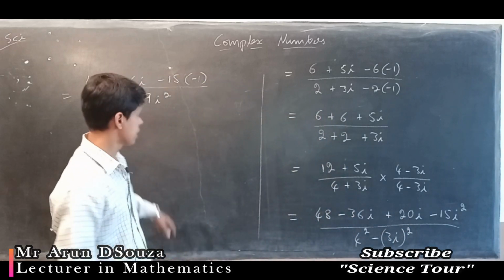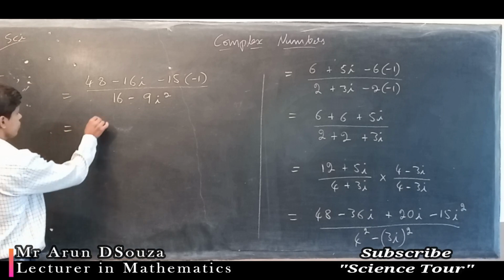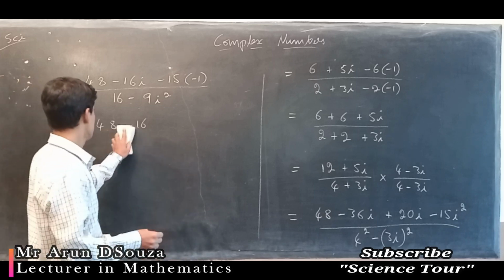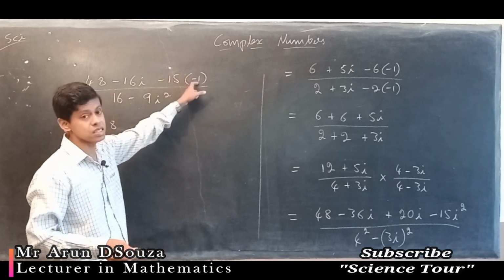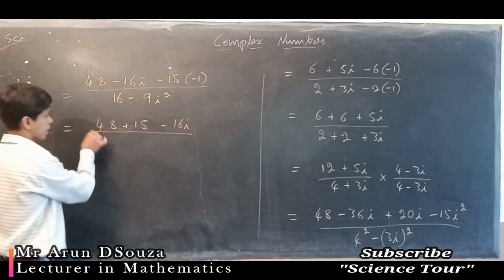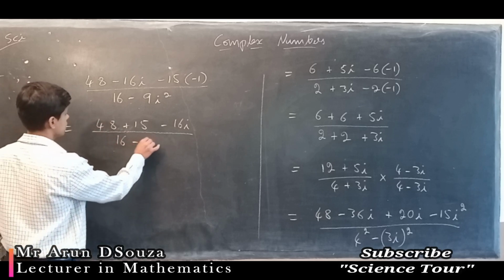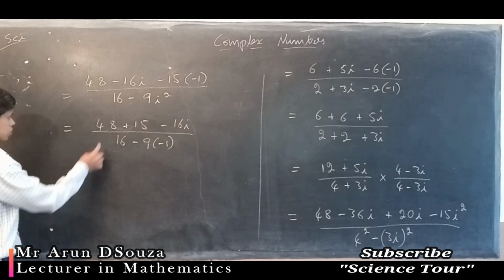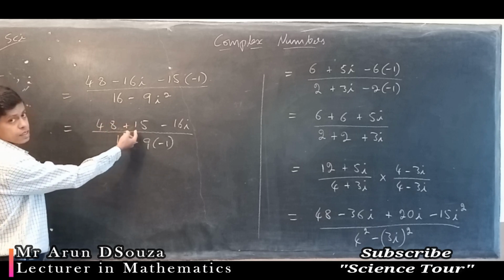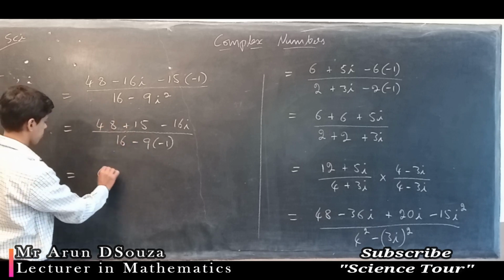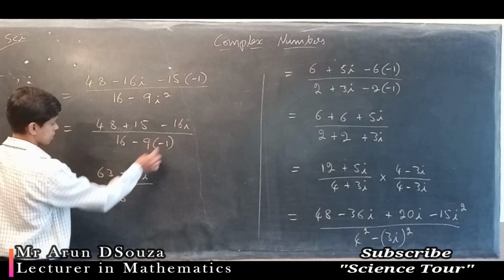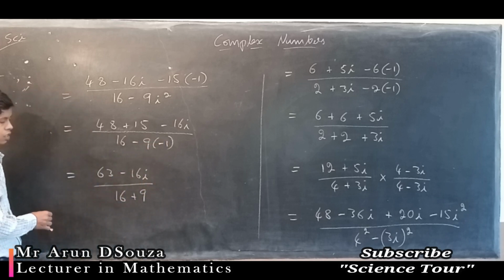Now replace this i square with minus 1. So this is 48 minus 16i, and minus and minus you can write as plus 15, so plus 15 you write here and minus 16i you can write there. Now look at this, 9 into minus 1. So this is 48 plus 15, that is 63, minus 16i divided by 16, minus and minus will be plus 9.